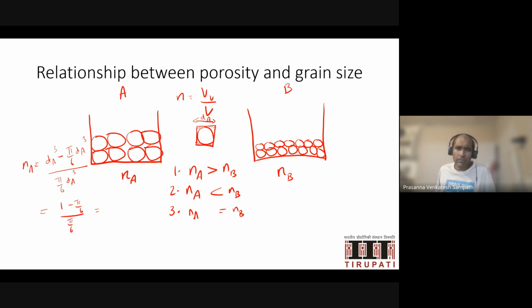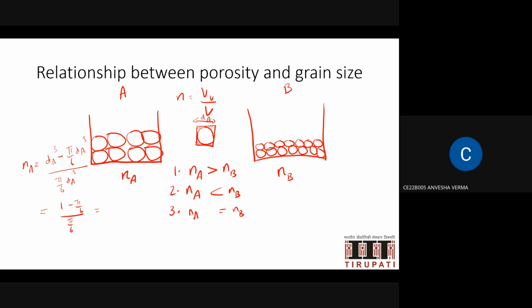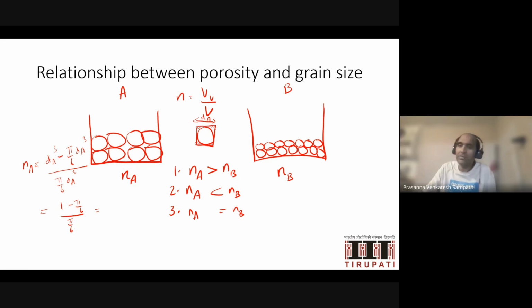Oh, sorry, wait a second. Did I do something wrong? The total volume, shouldn't it be dA cubed? Oh, exactly. Sorry. The denominator is dA cubed, not pi by 6 dA cubed. Absolutely correct. Thank you. The denominator is just the total volume, dA cubed.